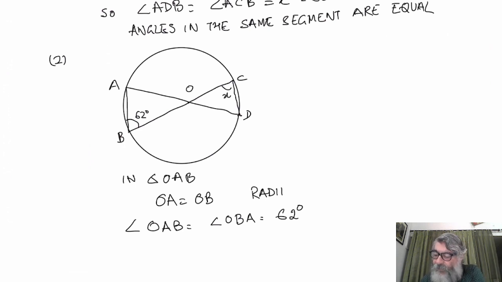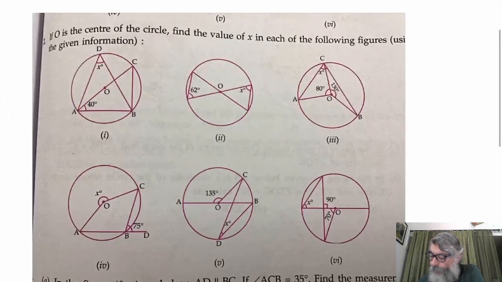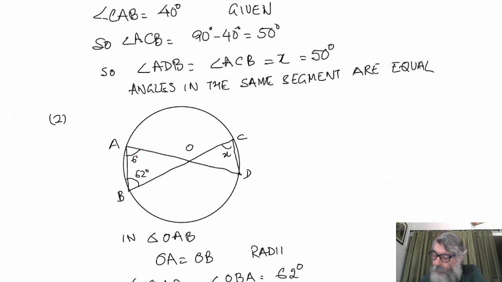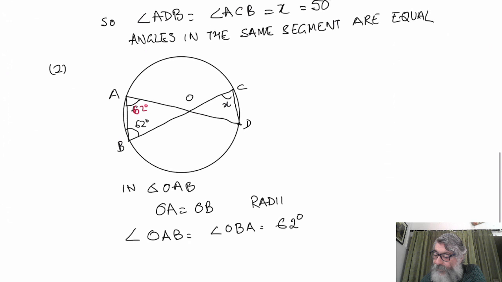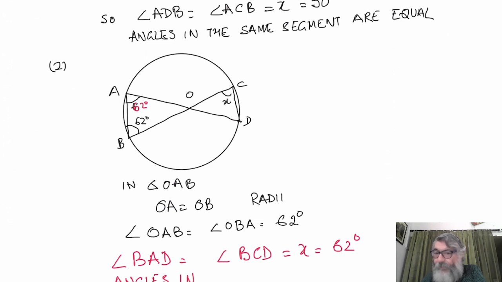So, if this is 62, which we have calculated, then what we will say is that angle BAD will be equal to angle BCD will be equal to x, which is 62 degrees. Angles in the same segment.